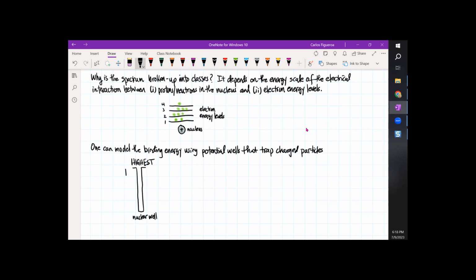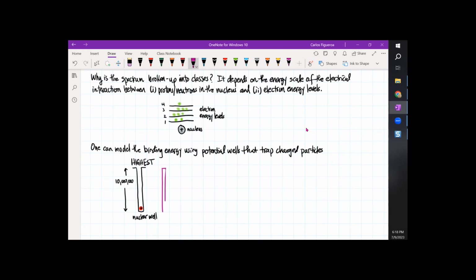Without going into units, the depth of these is around 10 million. What does 10 million mean? It really means 10 million electron volts. And in here, I'm going to have a positive charge. Now, if you look at this thing, this is the binding energy here.